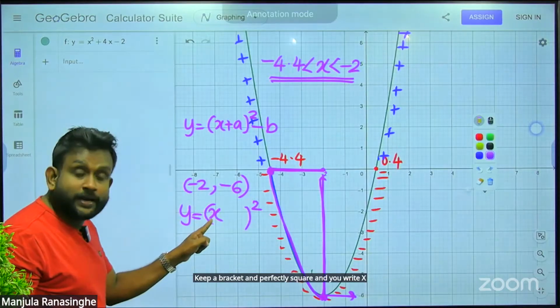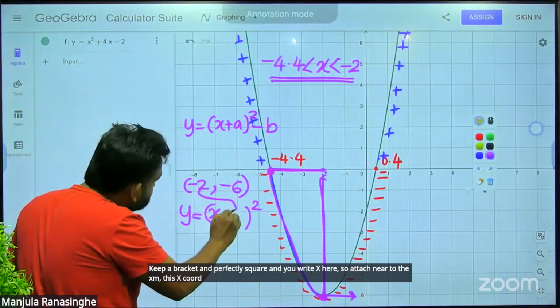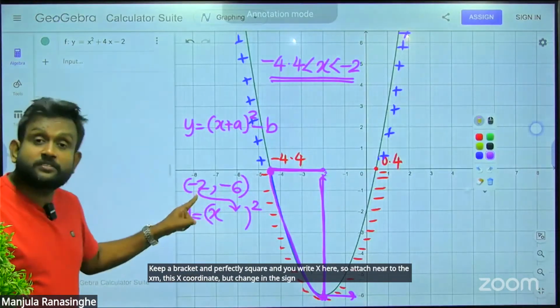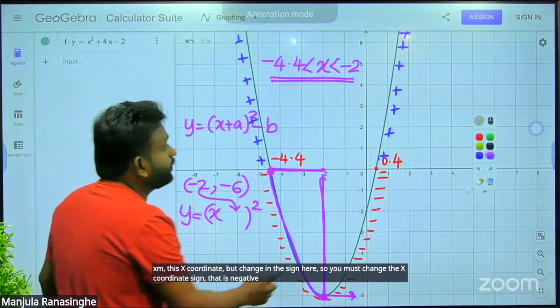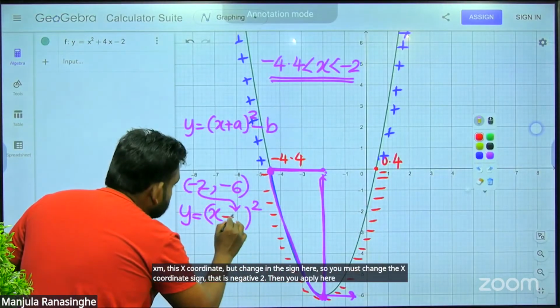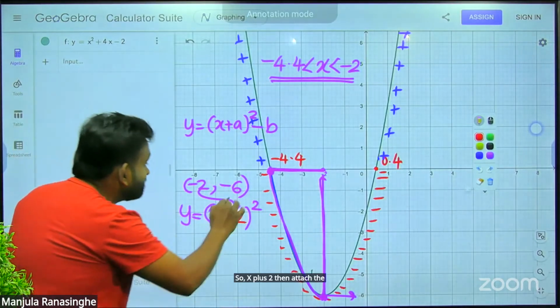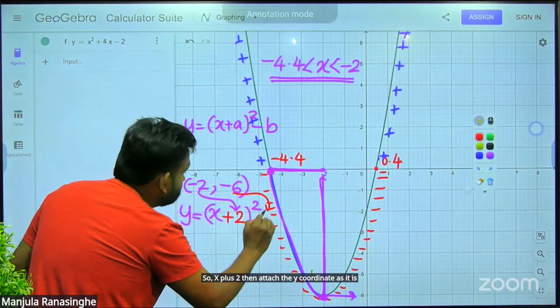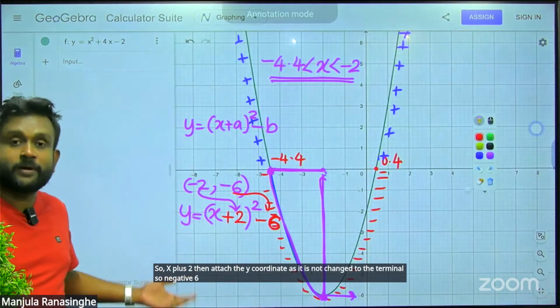Attach the x coordinate but change its sign: the x coordinate is -2, so you apply +2 there. So x plus 2. Then attach the y coordinate as it is, no change, at the end: -6. That is the format.